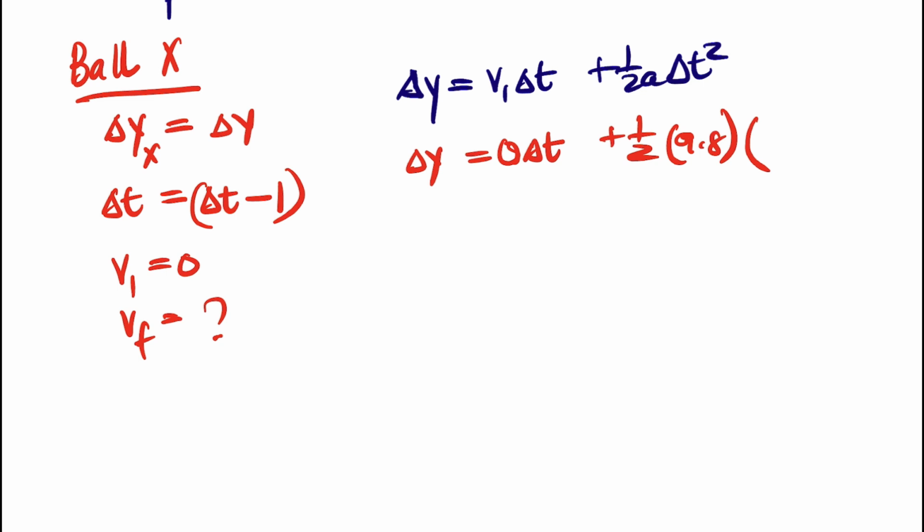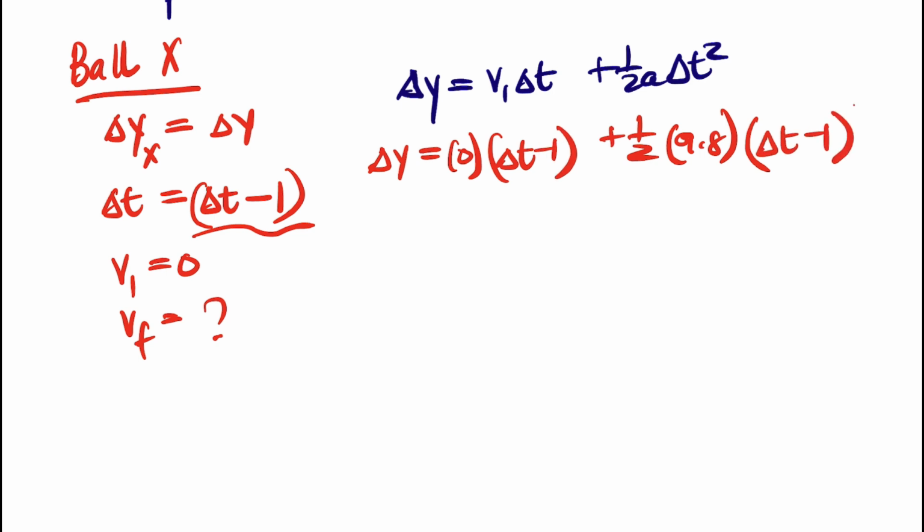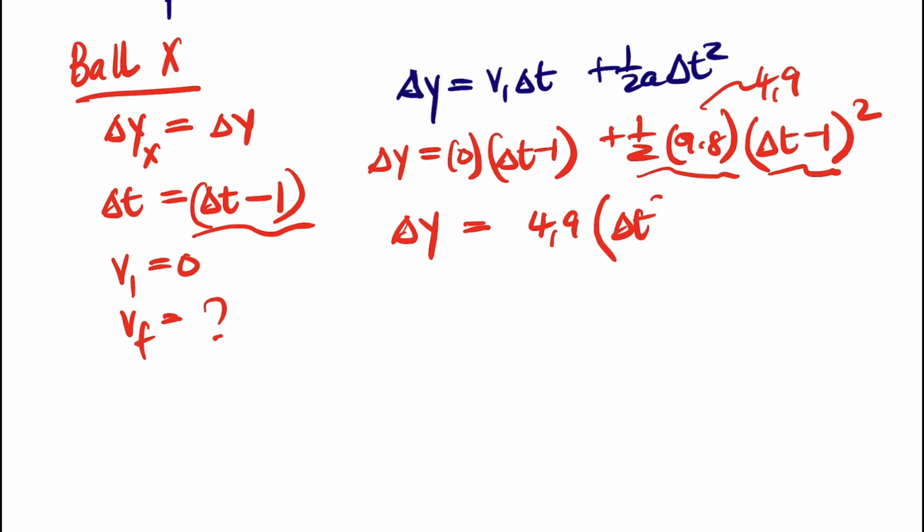And then the initial velocity term is going to be 0, and then the time is going to be change in t minus 1, and here it's change in t minus 1 squared, because there's a square there, remember. And then delta y is equal to this, so this is 4.9 times change in t squared minus 2 change in t plus 1.